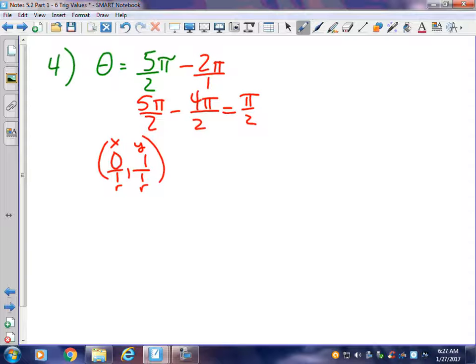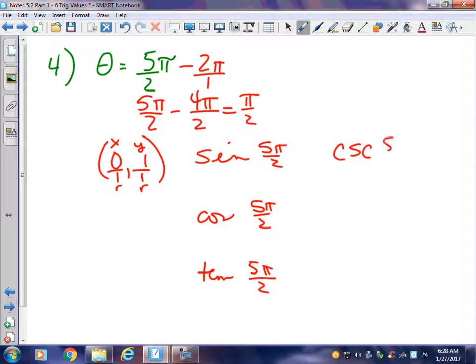It's because the radius is equal to y, and the radius is supposed to be the hypotenuse, which is supposed to be the longest side. But I still can write the 6 trigonometric functions. I just can't draw the picture. So that saves a little bit of work. So I'm writing out the 6 trig functions with my angle.